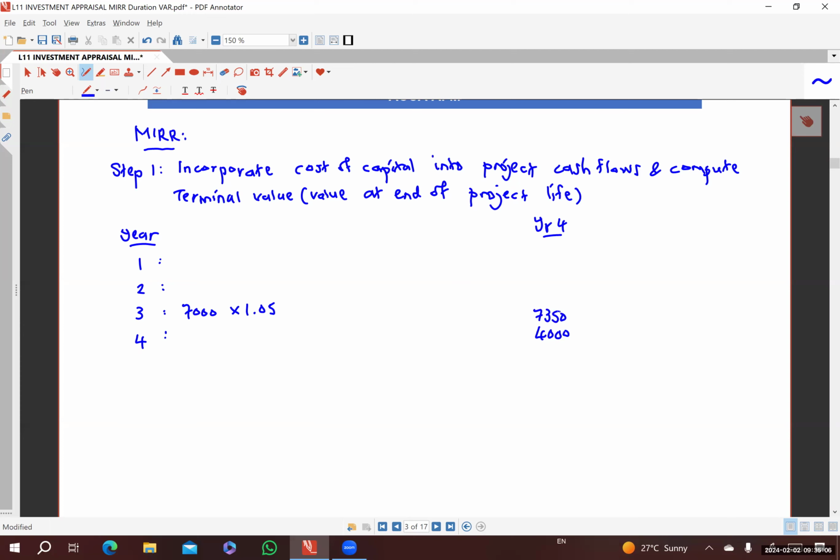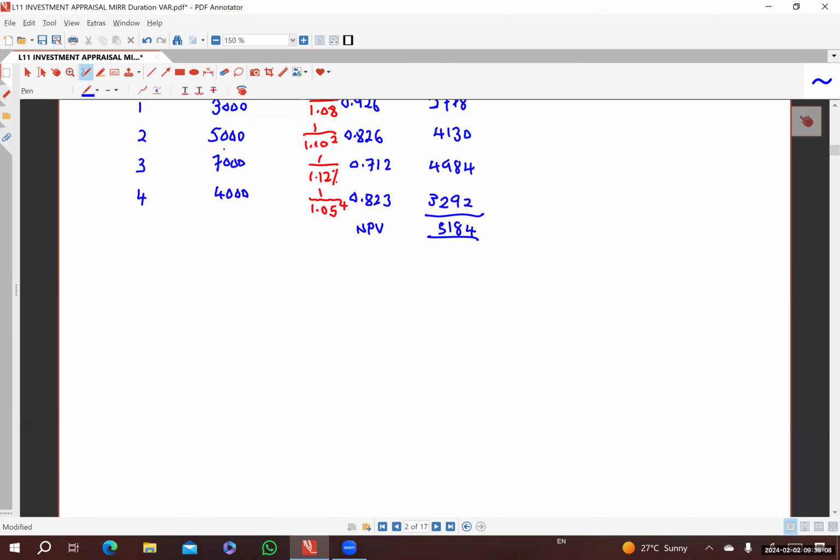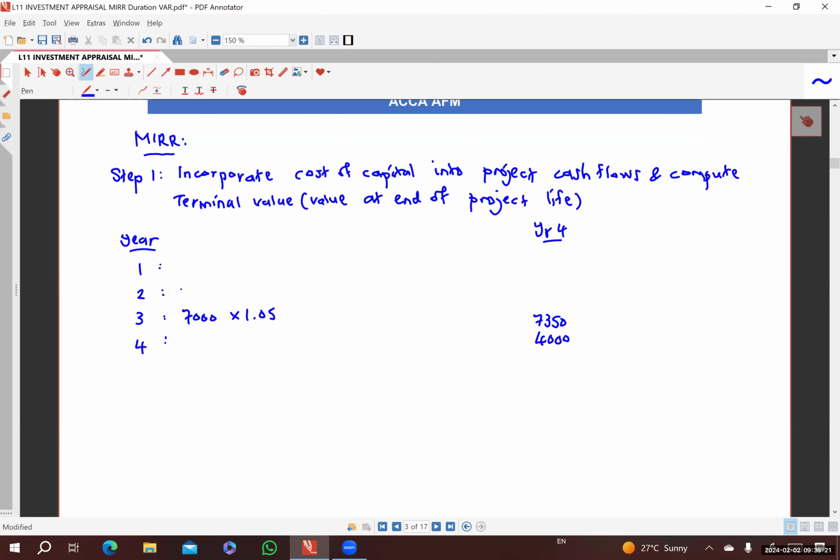Likewise, you receive 5,000 at the end of year 2. You will reinvest this money in year 3, return 12%, and then again in year 4, return 5%. So that will give you a terminal value of 5880.